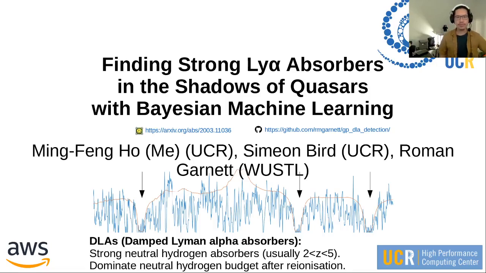What do I mean by strong Lyman alpha absorbers? I mean DLAs. They are usually dense hydrogen clouds around galaxies. When the light emitted by a quasar runs through those dense gases, Lyman alpha photons get absorbed and leave a wide absorption feature with damping wings in a spectroscopy survey.